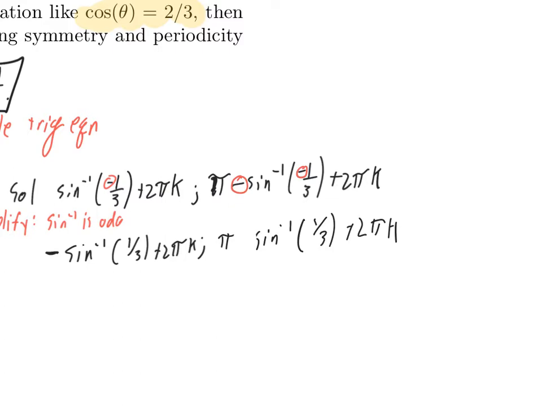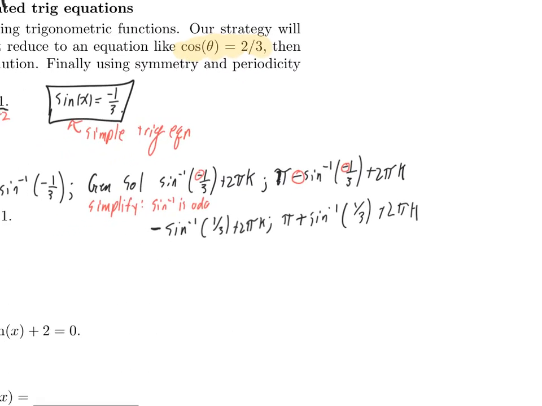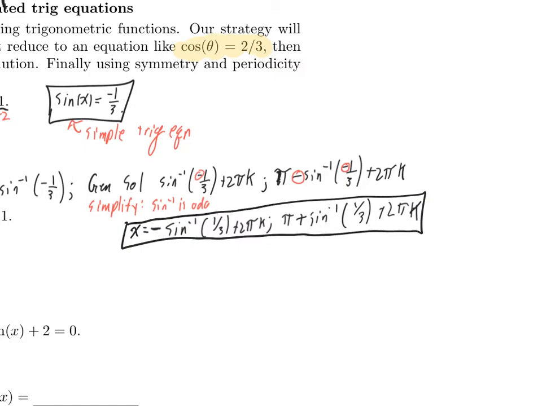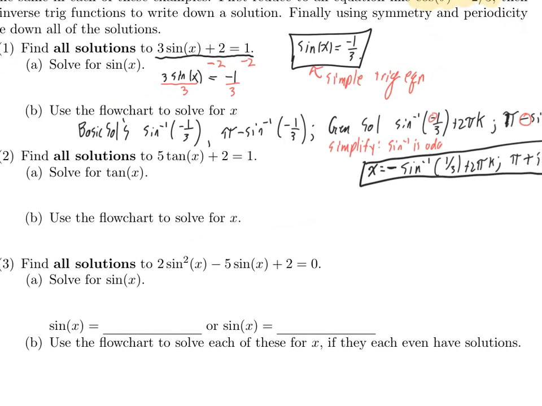Let's tidy that up a little bit. Nice. So the remainder of this document is just a sequence of increasingly complicated trig equations, each of which you can reduce to simple trig equations, and then solve those simple trig equations.